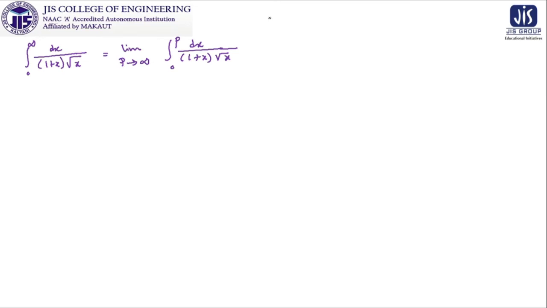But what we do, we will just change the problem by assuming x is equal to u square. So what you get, dx is equal to 2u du, and obviously you have to think for the limit also, x and u. x is given from 0 to p, so u will be also from 0, but when x is p, u square is p, so u will be up to root over p.